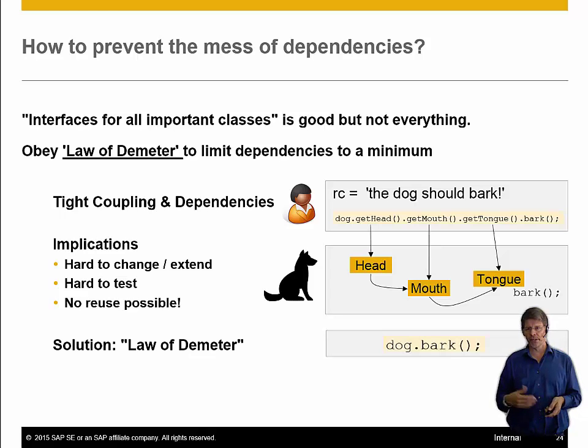Obey the law of Demeter: everything that is semantically visible at the top level should also be a method at the top level. There should be only one stage of calls to it. So you have the bark method at the top level. If you go in this direction, you should have a lot less of the dependency problems that we looked at before in the patterns to deal with.